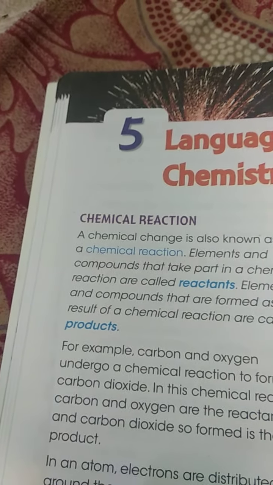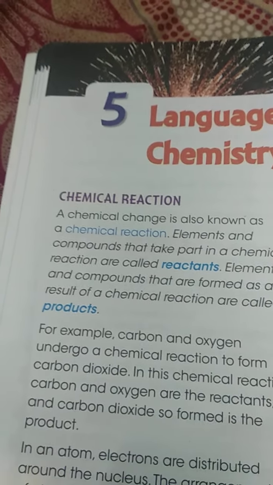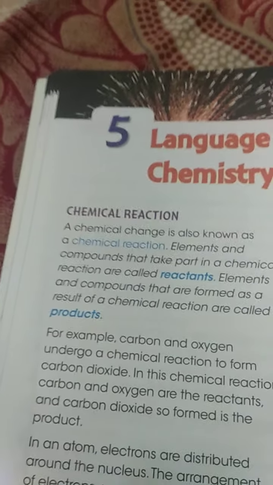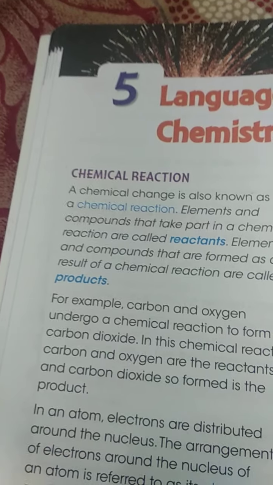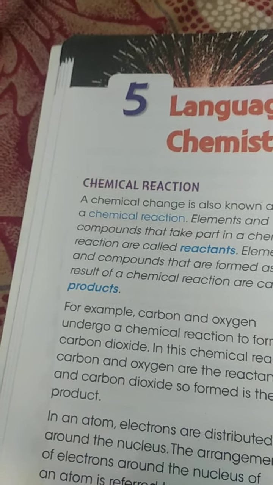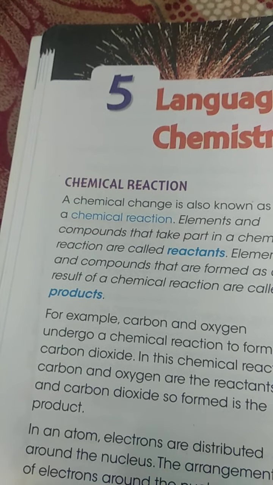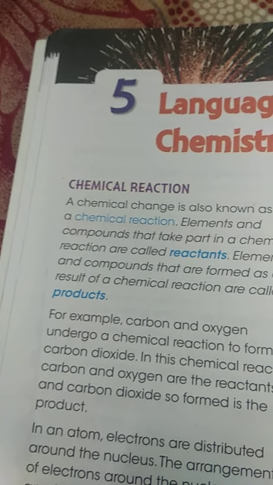So in this chapter, language of chemistry, we will learn what a chemical reaction is, what they are known as, and what the outcomes are known as. First and foremost, chemical reaction. The changes in the chemical that take place are known as a chemical reaction.